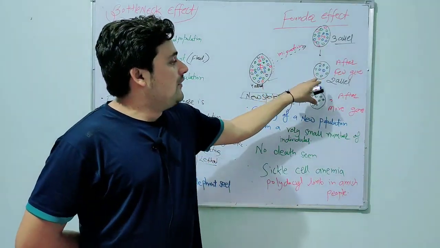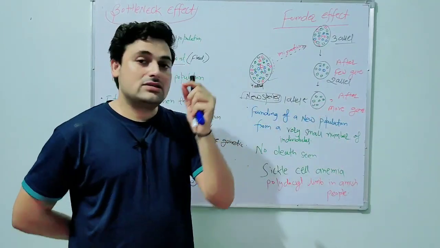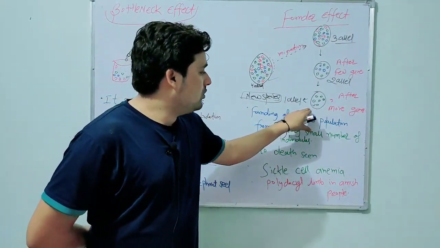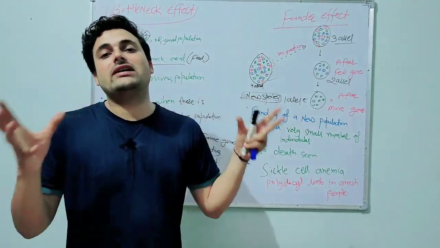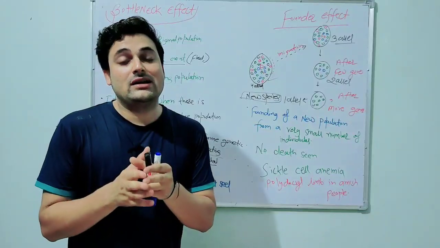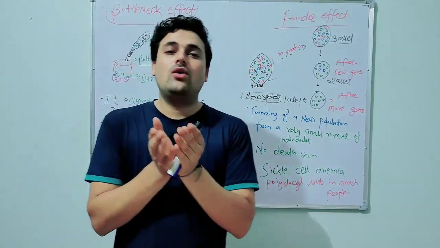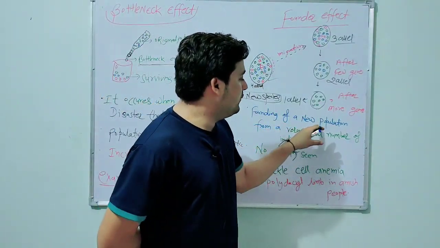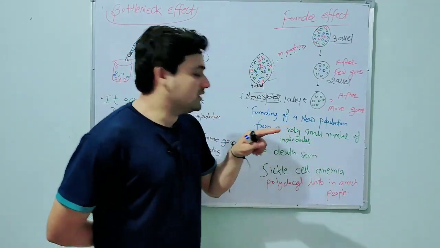After a few generations, 2 alleles are found, and after more generations there is only 1 allele. So this individual colony has only 1 allele, and it is totally different from the original population. A new population has been founded, so that's why we call it the founder effect: the founding of a new population from a very small number of individuals.